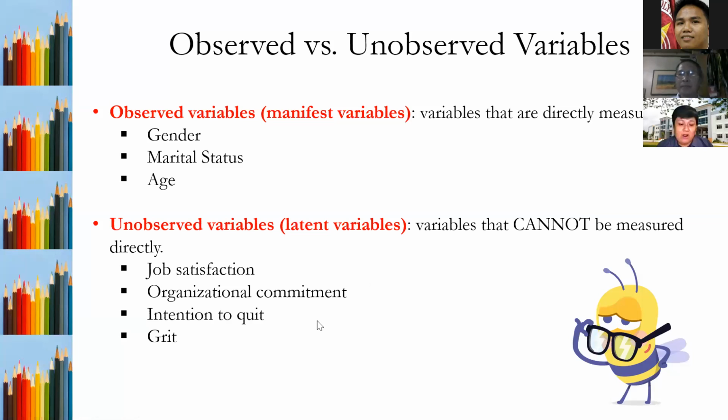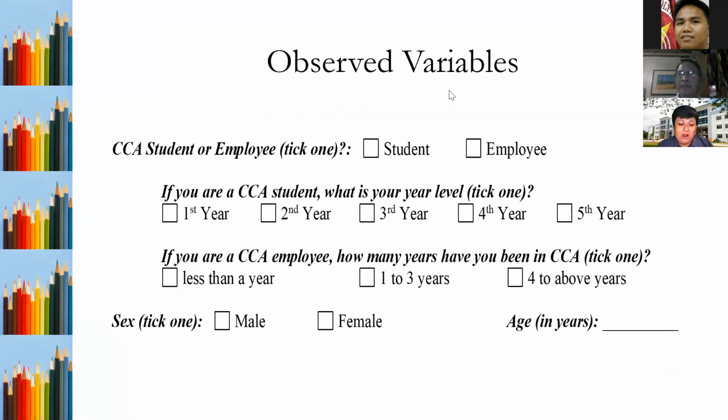Okay, so for example, an example of an observed variable: let's say you want to know whether your respondent is a student or an employee. This is an example of an observed variable. Or for example, you want to know the year level, assuming your respondents include college students.